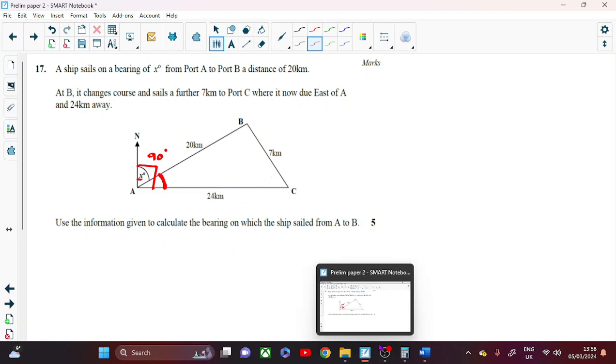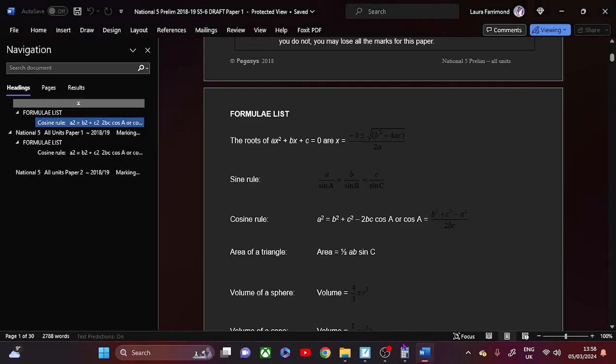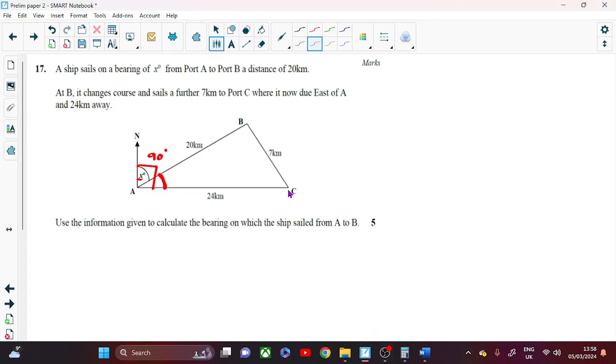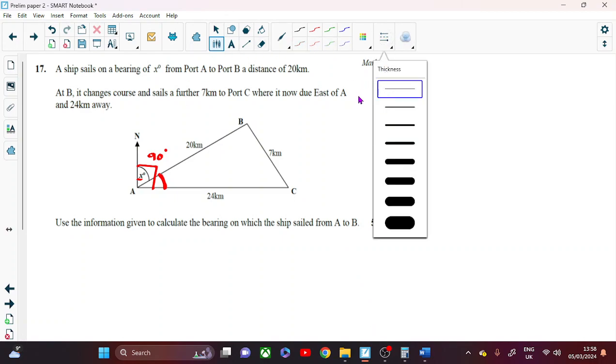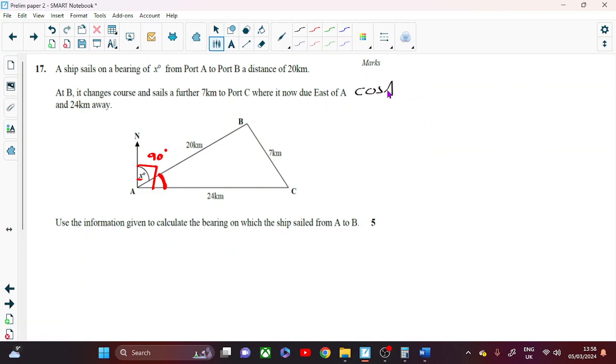The cosine rule, when we are looking for an angle, is cos A equals b squared plus c squared minus a squared all over 2bc.